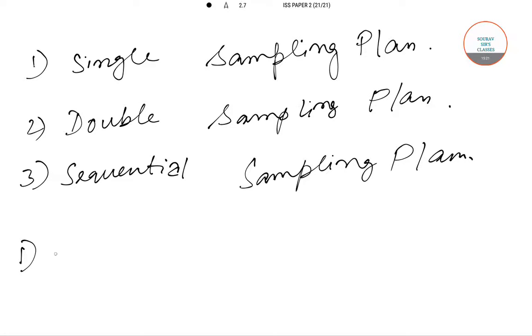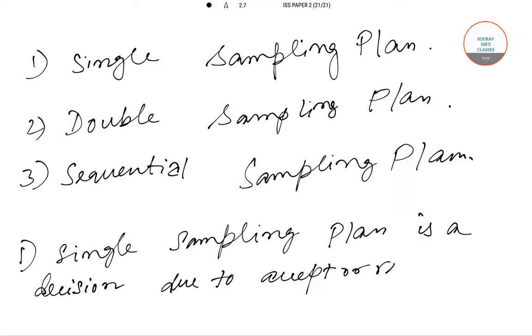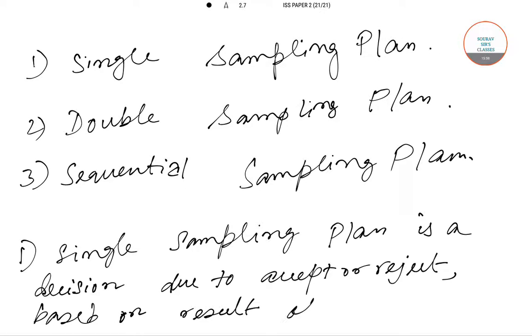So, single sampling plan is a decision to accept or reject a lot based on the result of one random sample.